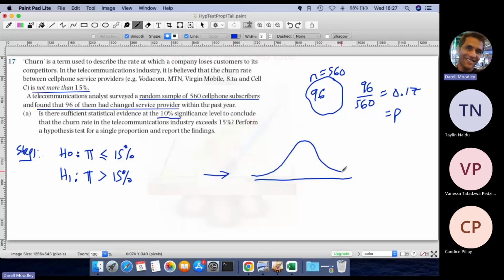So it's an upper tail test. The region is on this side, not on the left, because the arrow is pointing to the right. That's my rejection region. This is the test we're going to do for our hypothesis, and I would make that statement as well: upper tailed test.